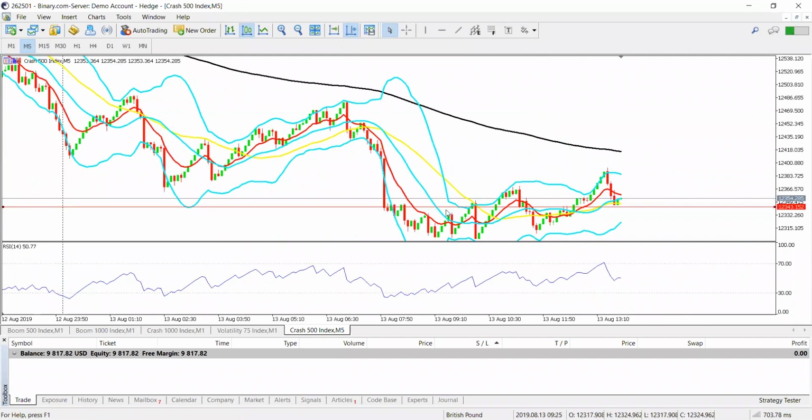Let's look at it. This is a 5-minute time frame. So if you have a much better amount of money, go on your charts and look at your moving averages. Even the moving average 10, you can use it. It's more sensitive.